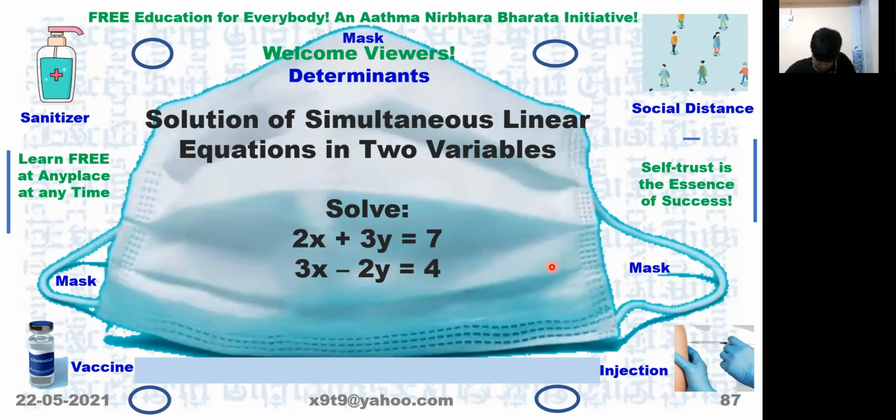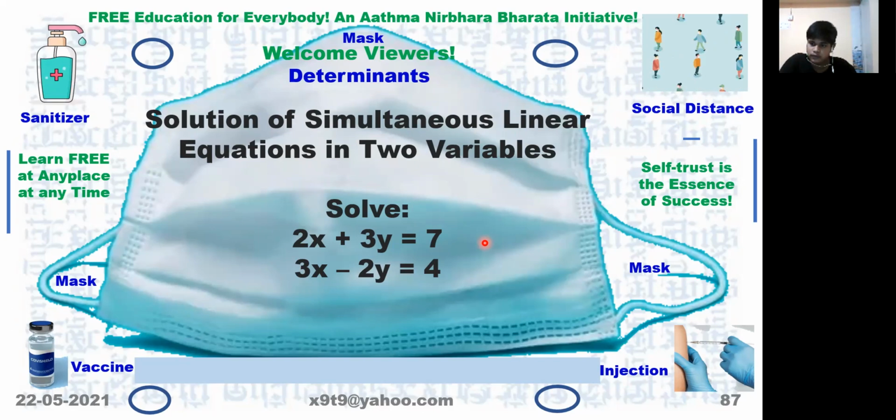So whether you are able to do it or will continue. Sir, the second term, 3x is equal to 4 minus 2y, right, sir?